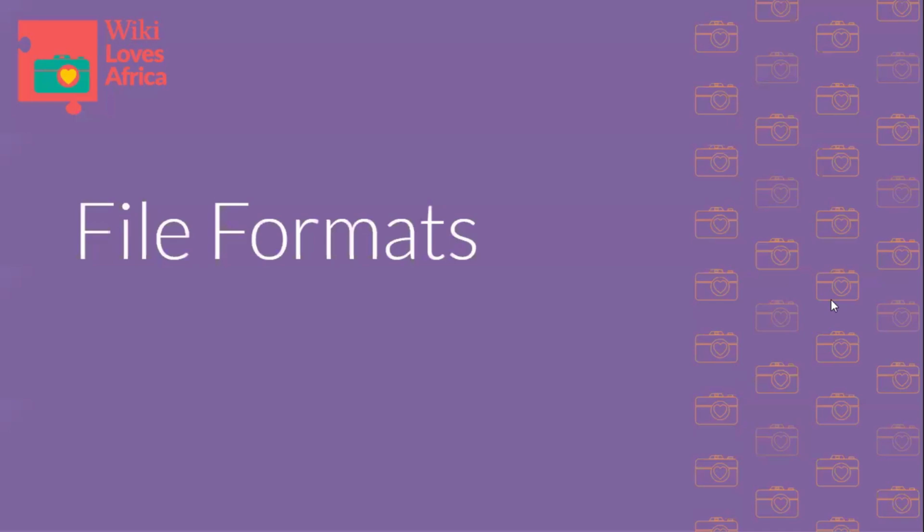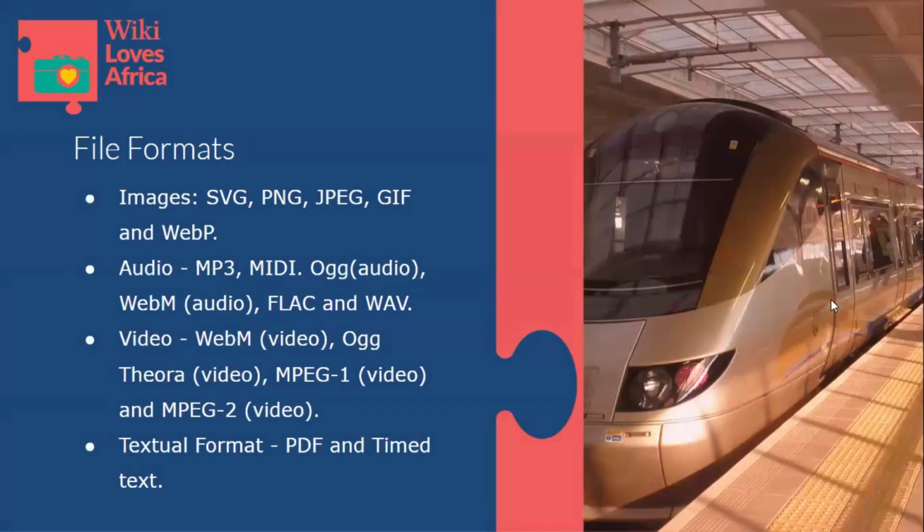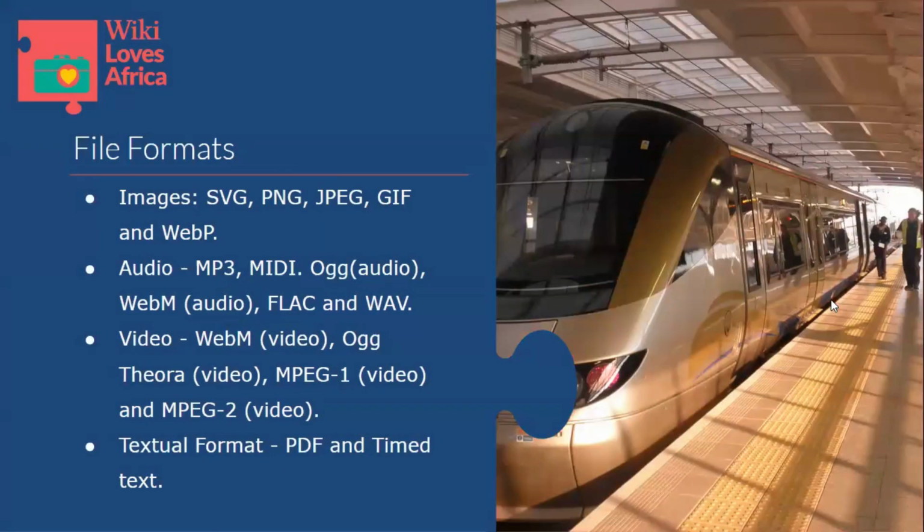Then we talked about the formats supported by Wikimedia Commons, which we have for audio, images, video, and textual format. Textual format is just PDF and plain text. We have video format, which talks about WebM video, we have OGG for video, we have MPEG-1 and MPEG-2.